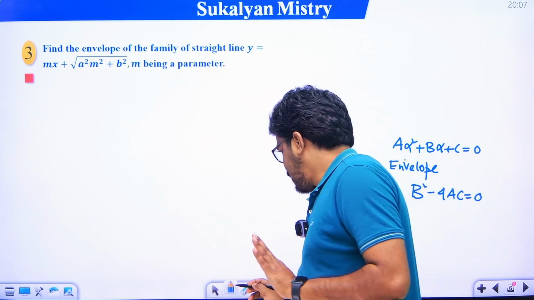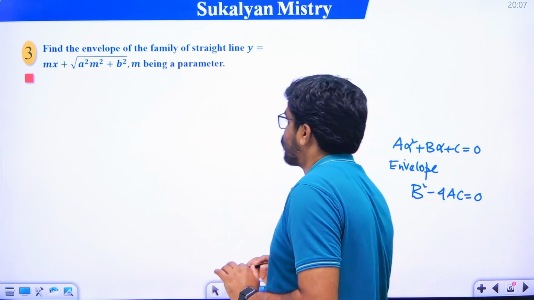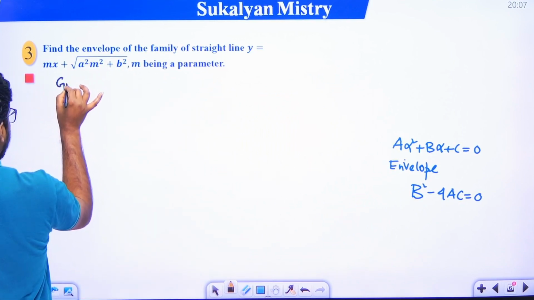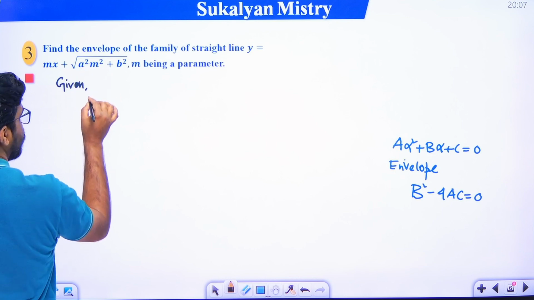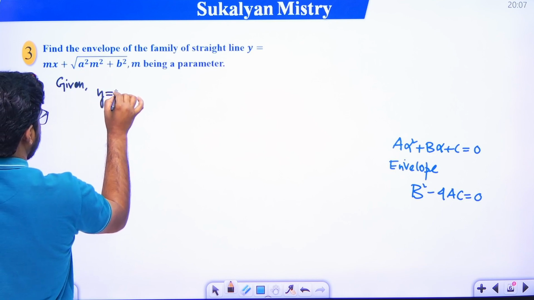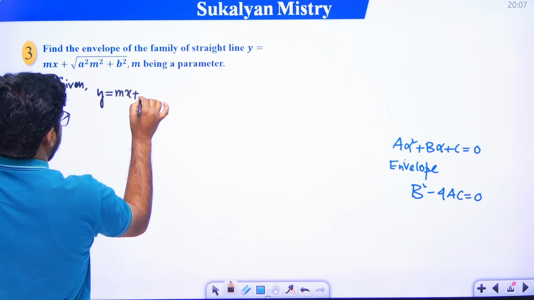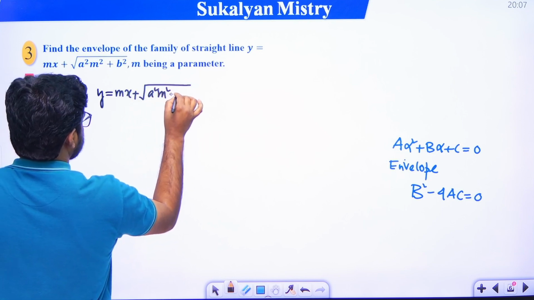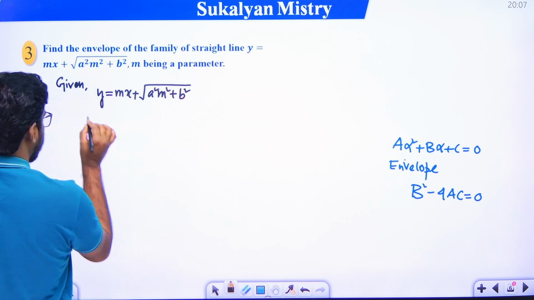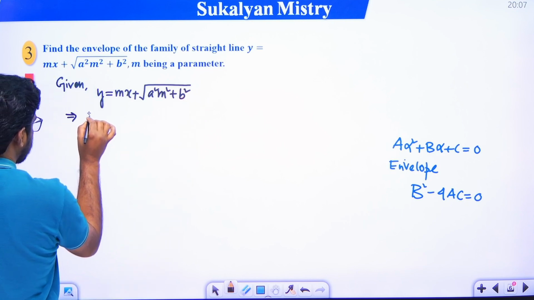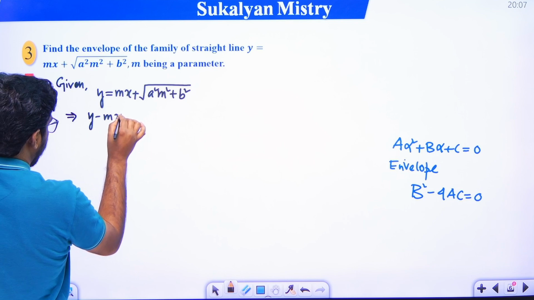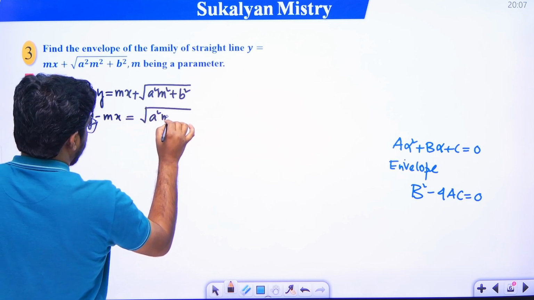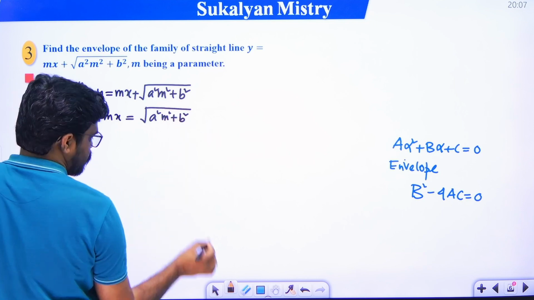So what is given here? Here the given family of curves is y is equal to mx plus root over of a square m square plus b square. So this implies y minus mx is equal to root over of a square m square plus b square.